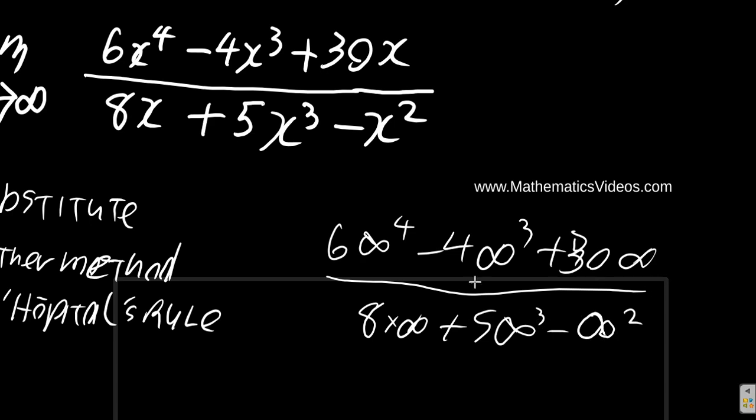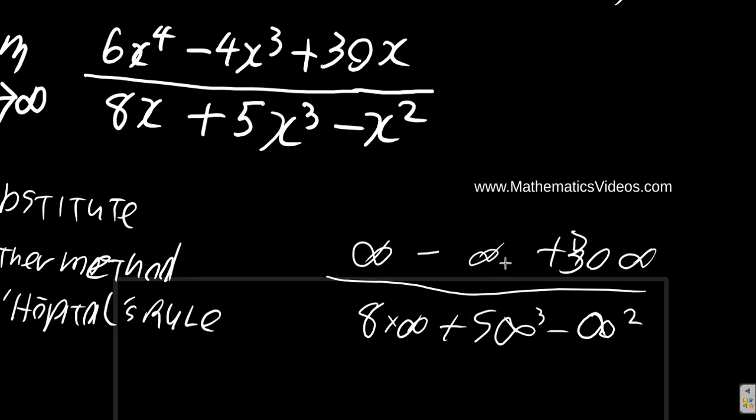But the fact is, 6 times infinity to the fourth, an infinitely large number to the fourth, is an infinitely large number. Infinity to the fourth is infinity. 6 times infinity is infinity. So this remains infinitely large. 4 times infinity cubed, same thing.